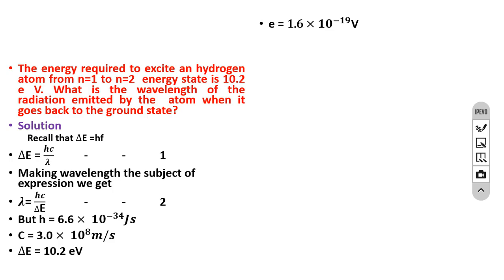Then when you substitute, in place of the change in E we have eV. Here we have h, 6.6 times 10 to the power minus 34, c, and then the energy is given in electron volts. You are now going to use 10.2 eV, so we are going to multiply.